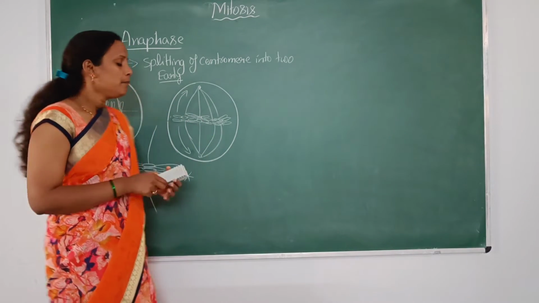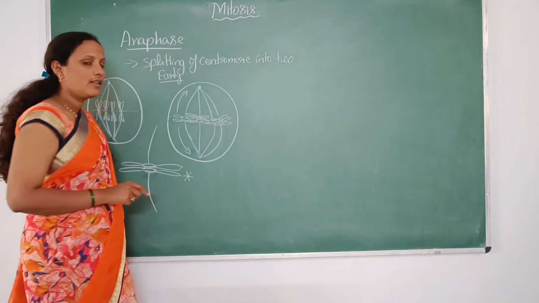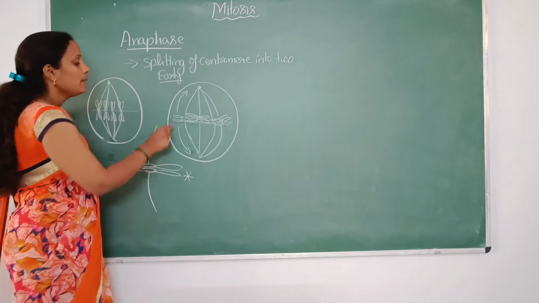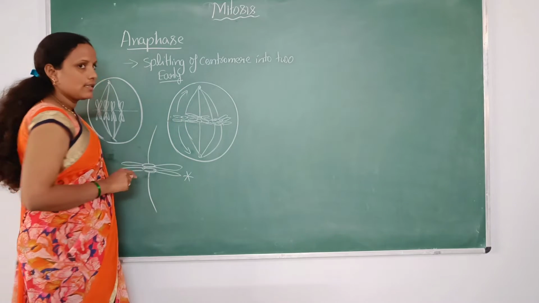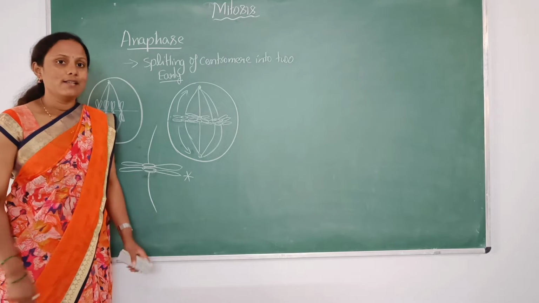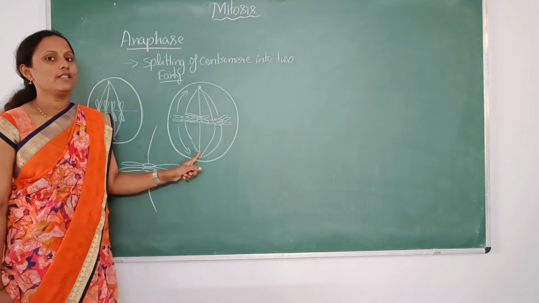They suggest that the contraction action of spindle fibers or the microtubules is one of the reasons for the opposite movement or pole-wise movement of the centromeres. So that is one theory it suggests.